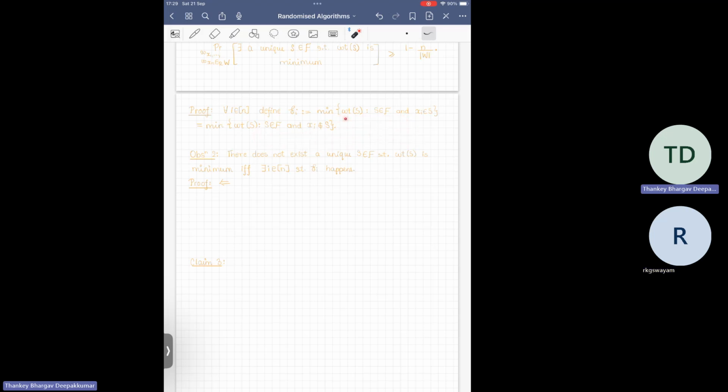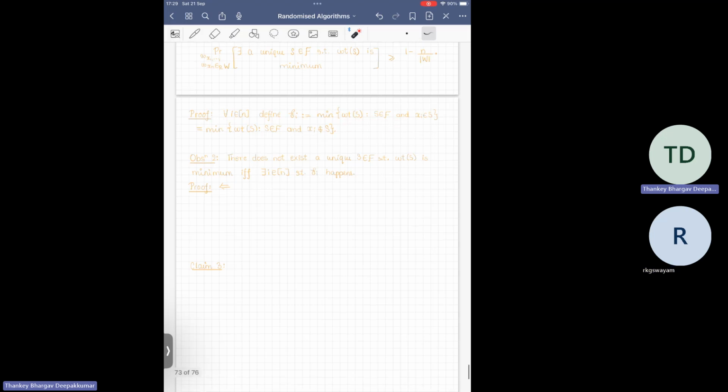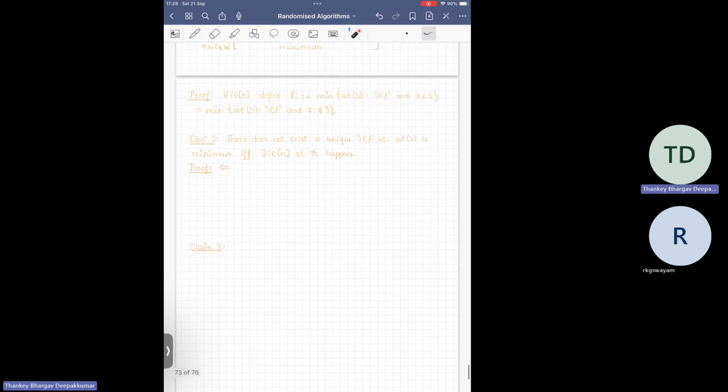So over here, W(S1) is minimum, but it is only minimum among all sets that contain Xi, right? Not among all sets. No, I could not understand this.